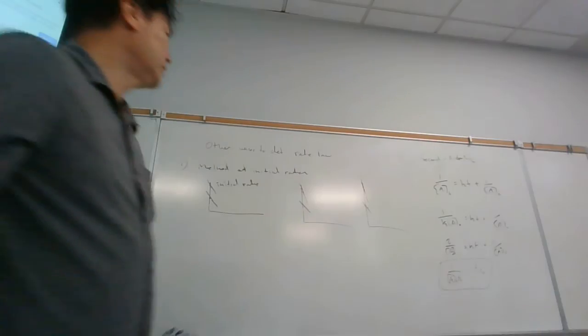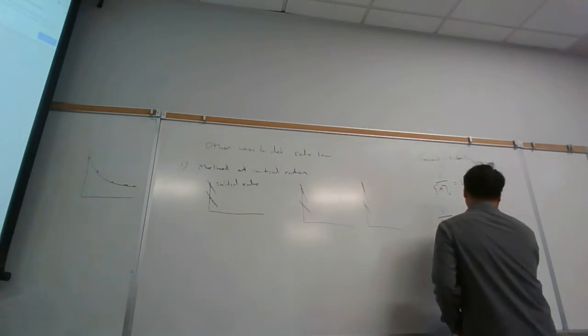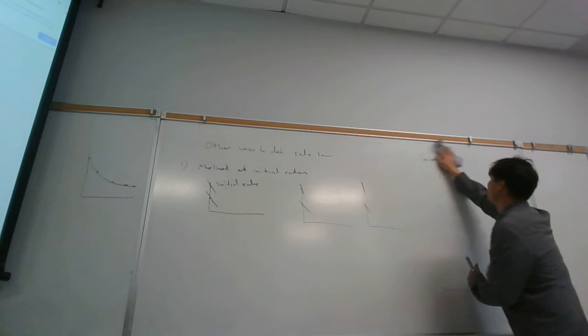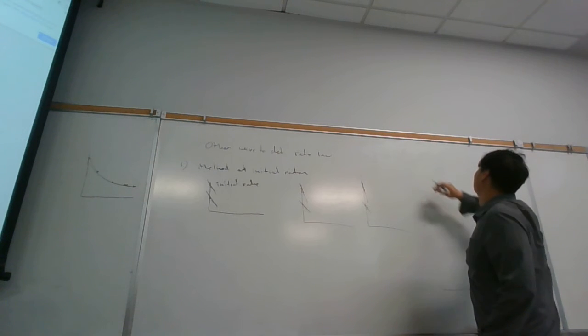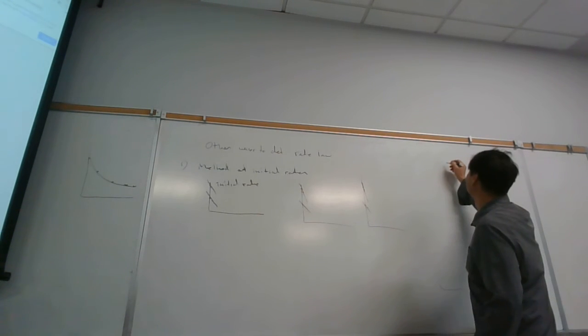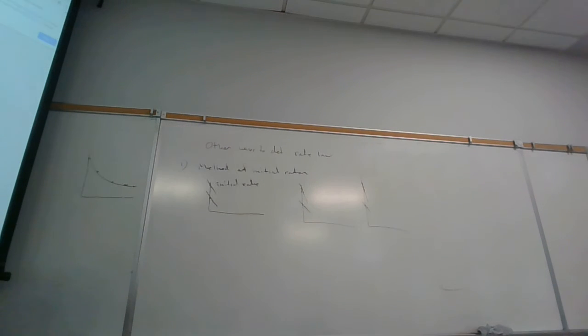And so normally we don't draw graphs like this. We'll just have the initial rate in a table. And so we'll just see. And we could do this not just for a single variable, we could do this for multi-variable pretty easily.